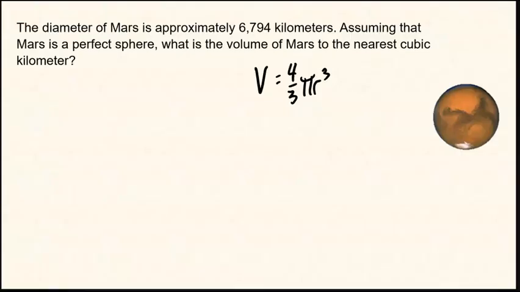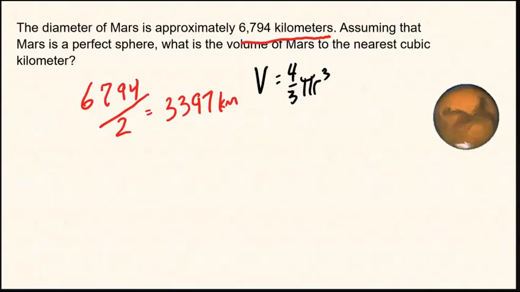Well, the diameter of Mars is approximately 6,794 kilometers. So I'm going to take that diameter and divide it by 2. And that is 3,397 kilometers. So let's understand what the radius is here.